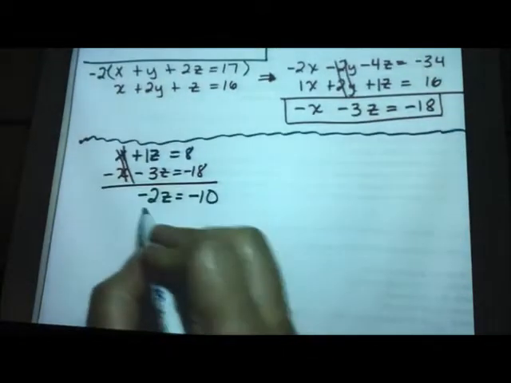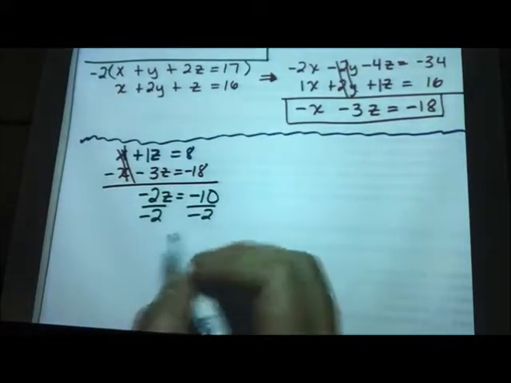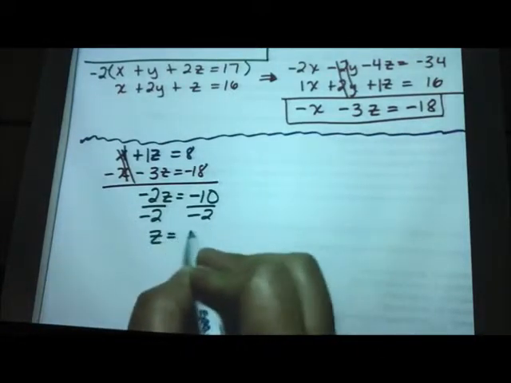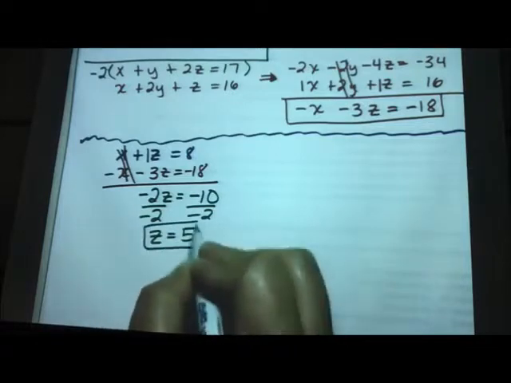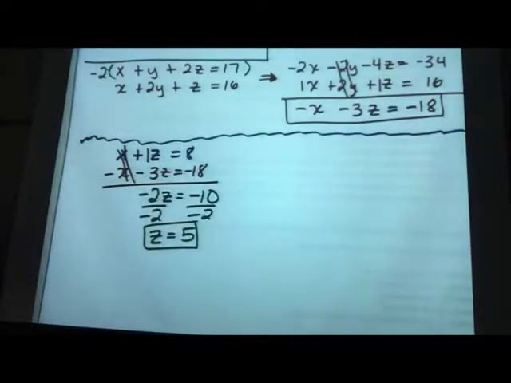So I'm trying to solve here. We divide by negative 2, and I find out that z is a positive 5. So I have found one of my variables. Now, who would it be logical for us to find next? X or y? Because I have z, and these two variables only have x and z, it should be that we look for x next.